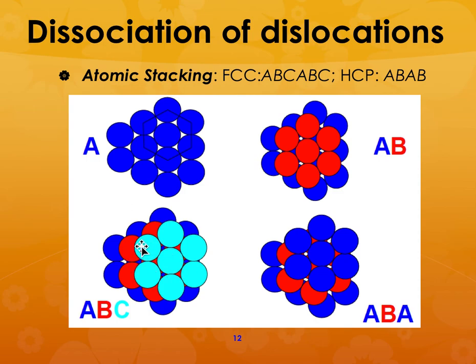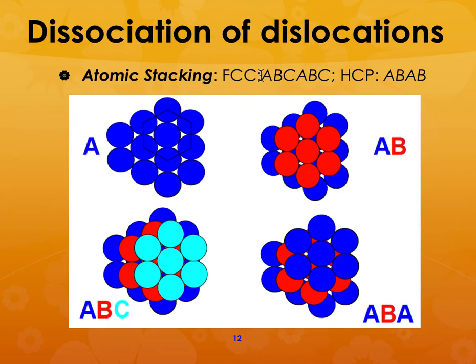Then the third one goes over the top one. The holes in this position are not the same as the holes in the lowermost position, so plane A is not the same as plane C. The atom positions are all different for the case of the face-centered cubic.